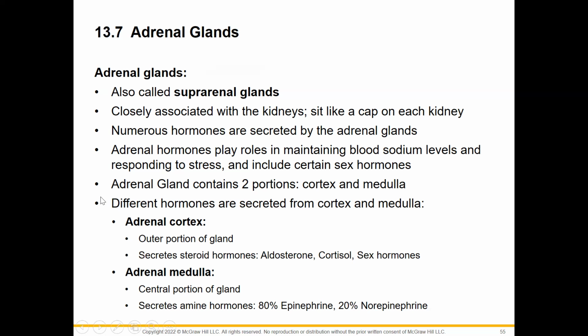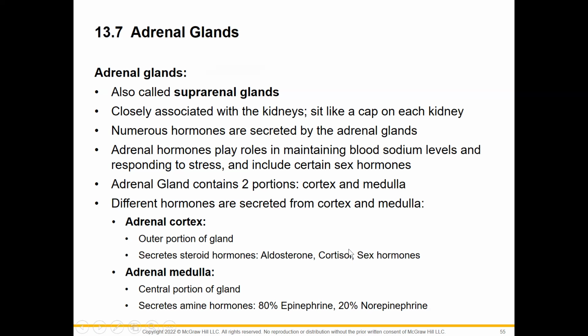The different hormones that are secreted by the cortex and medulla, respectively, because each of them will secrete different hormones. The cortex, which is that outer portion of the gland, will secrete your steroid hormones, which are aldosterone, cortisol, and sex hormones.